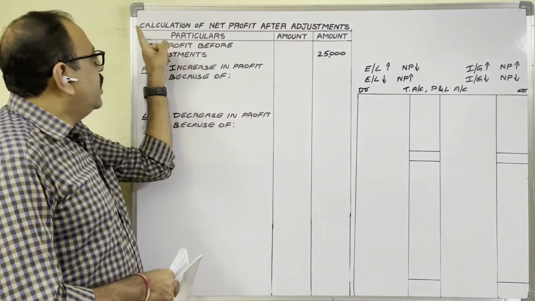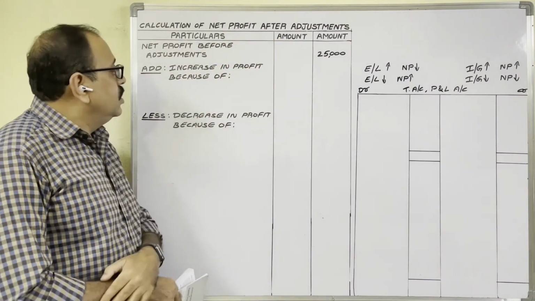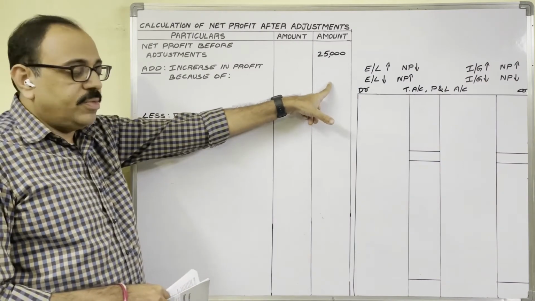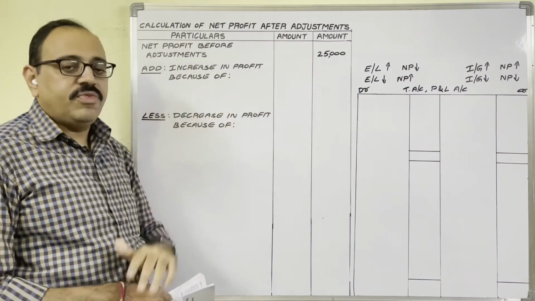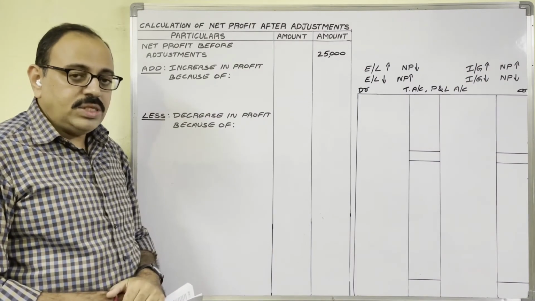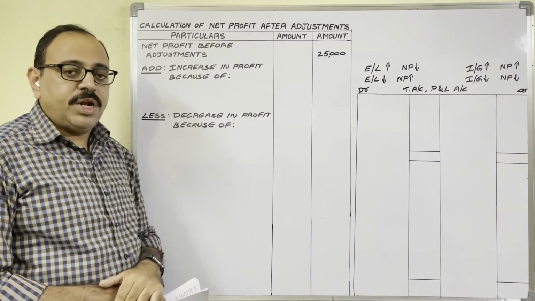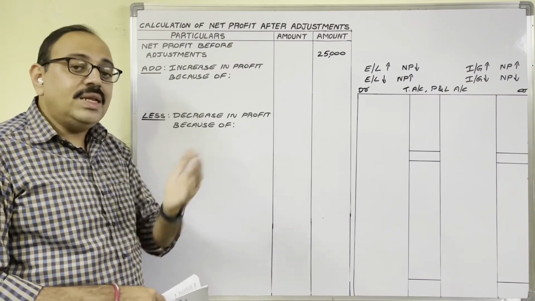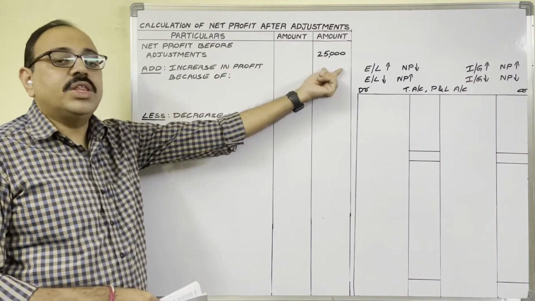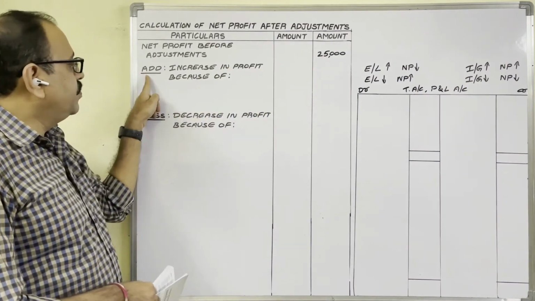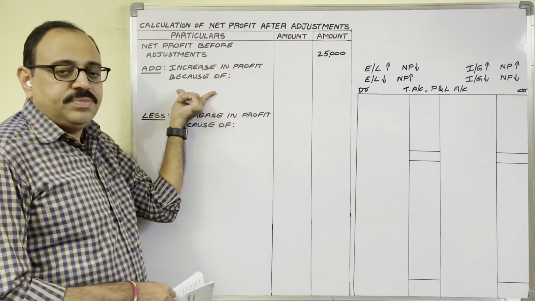Heading is calculation of net profit after adjustments. We have an inner column and an outer column. First you start with the net profit before adjustments, 25,000 rupees. To this, adjustments are there. Because of an adjustment, if net profit is increasing, that adjustment amount we should add to 25,000 rupees, as increase in profit because of adjustments.